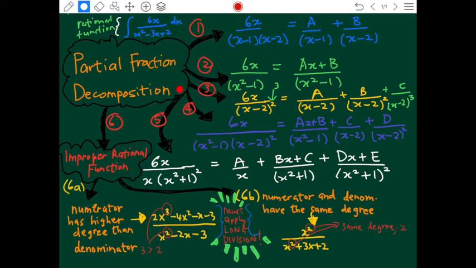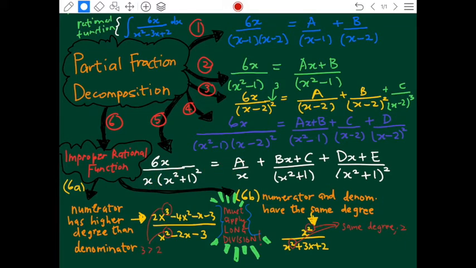Is that clear? Now let's move to type 5. So for type 5, 6x over x times x squared plus 1 power of 2. So this is simple as well.